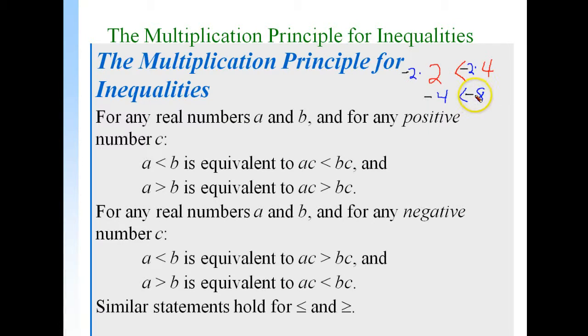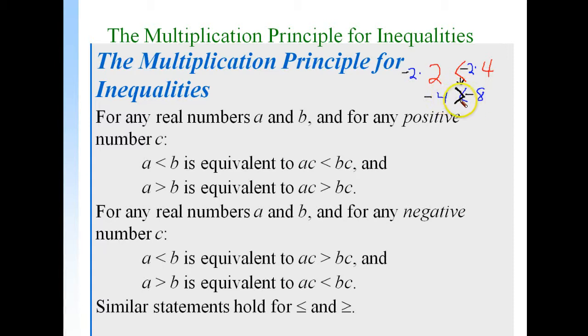-8 is less. So when we multiply or divide by a negative, only this, in order to keep the inequality true, we have to change the direction of our inequality sign. Now when we read this, it's -4 is greater than -8.